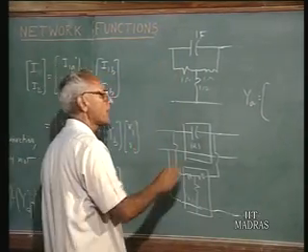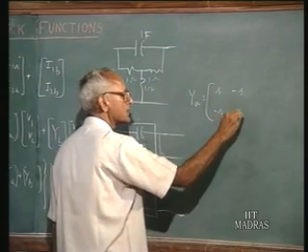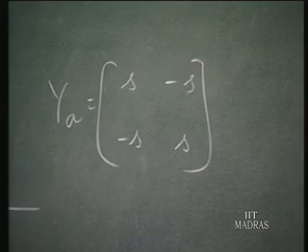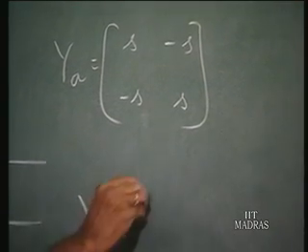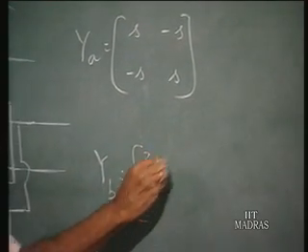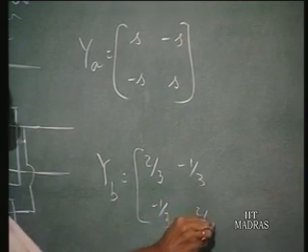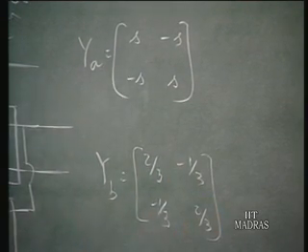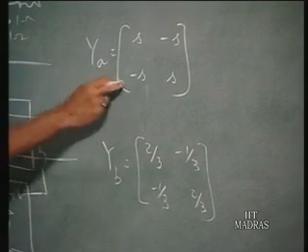It turns out that the Y matrix for the A network, the 1 farad capacitor, is S, minus S, minus S, S. The Y matrix for the B network turns out to be 2/3, minus 1/3, minus 1/3 and 2/3. So, for this entire network, the Y matrix is the sum of these two.